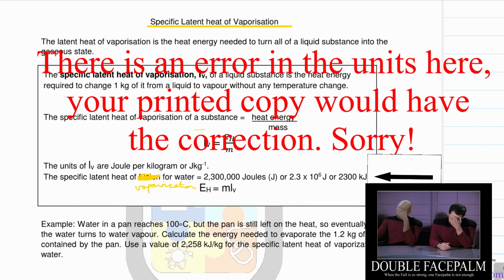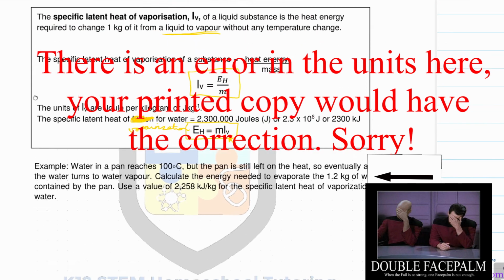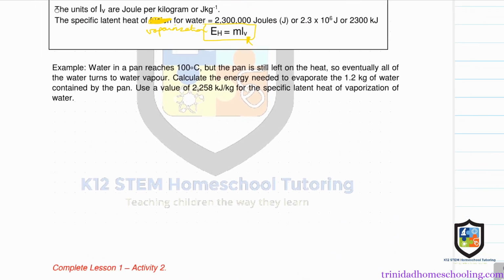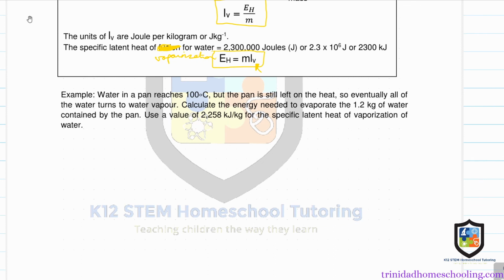So it's the same formula, okay, in both cases, except we have to make sure that we are using the correct value here when we are changing 1 kilogram of a liquid to a vapor. And the calculations are the same, okay? So all the calculations that we did on page 8 will be the same way we would do it for the specific latent heat of vaporization.